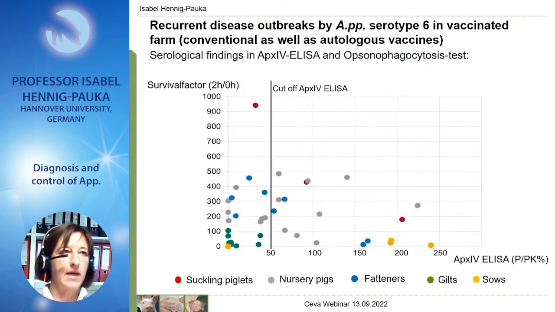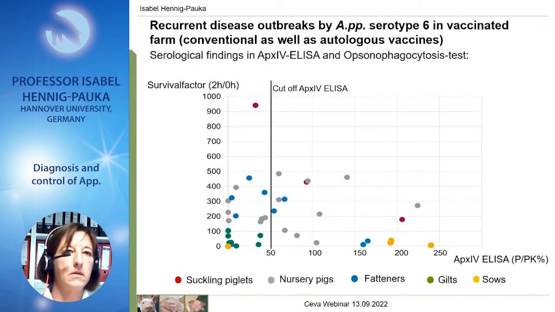Regarding phagocytosis, it's difficult to measure, but in some labs a survival factor can be determined. This means that you take serum from some pigs of your farm, mix the serum with washed neutrophils, and add the bacterium, and you look if the bacteria can proliferate during 2 hours.